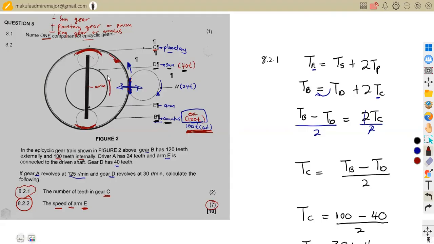The sun gear is the one that is opposing in an anti-clockwise, whereas the planetary is going clockwise. So meaning to say we have got a clockwise.